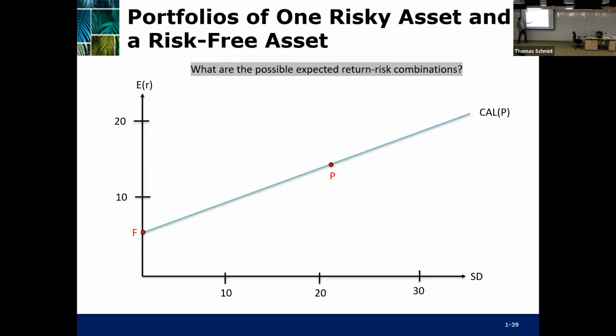This is what we call the capital allocation line. So the capital allocation line shows us the possible risk-return combinations in this universe. So every point on the capital allocation line is a specific portfolio that consists of F and P. And then the point on the capital allocation line in this space shows us the expected return and the risk for this portfolio.